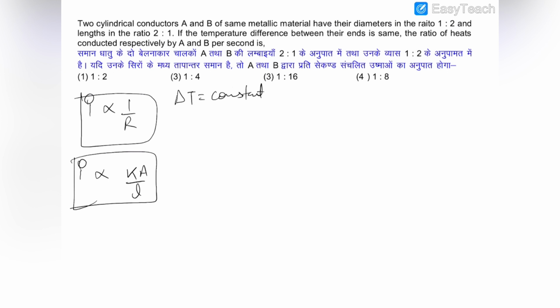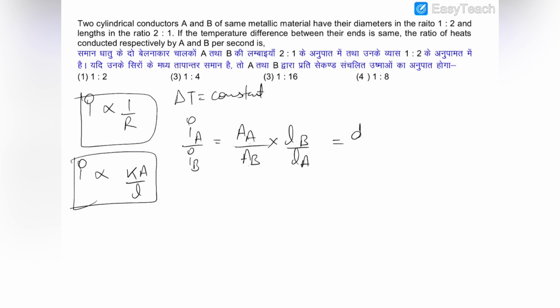Now you can see that K is the same because their material is the same. So IA upon IB will be equal to area of A upon area of B into length of B upon length of A. Now the area is pi d square by 4.